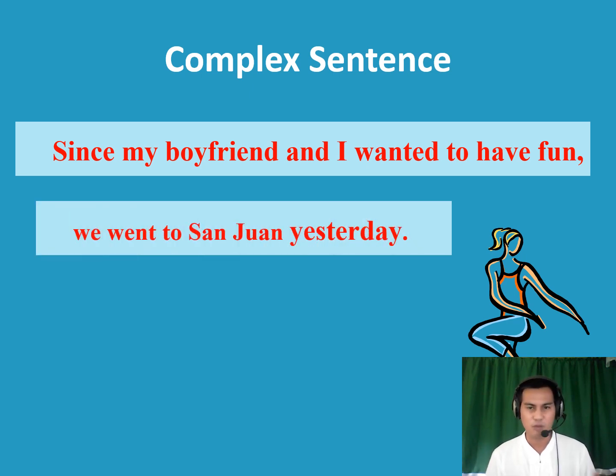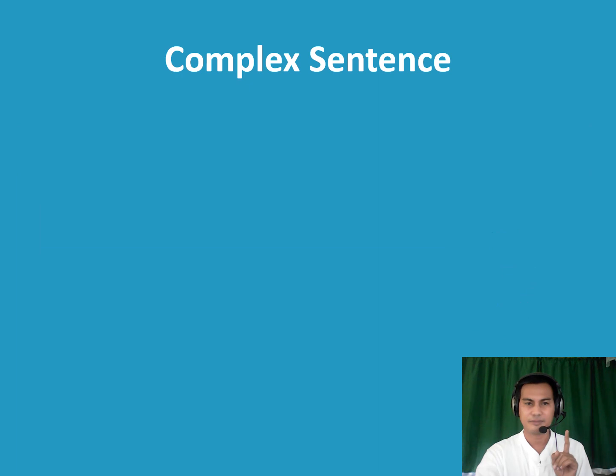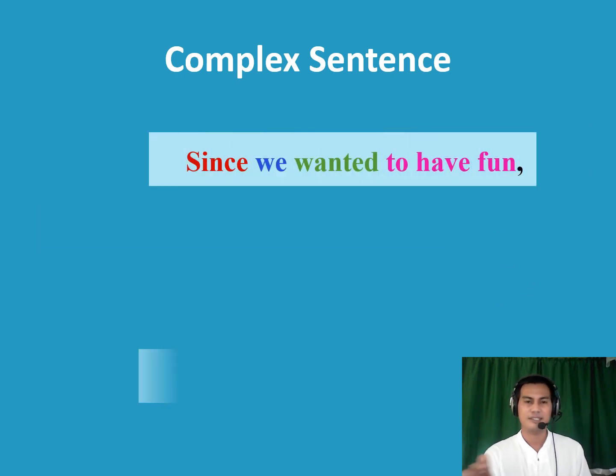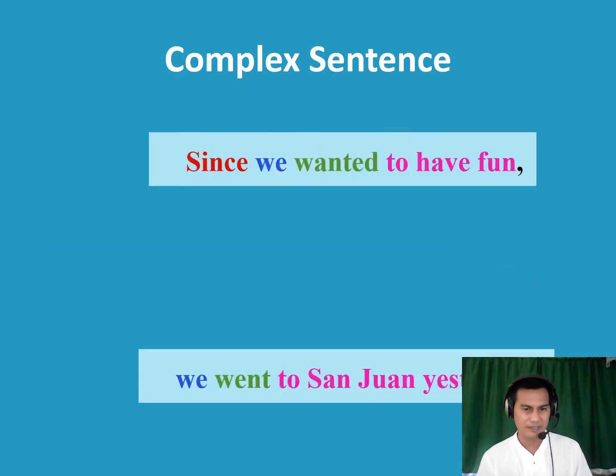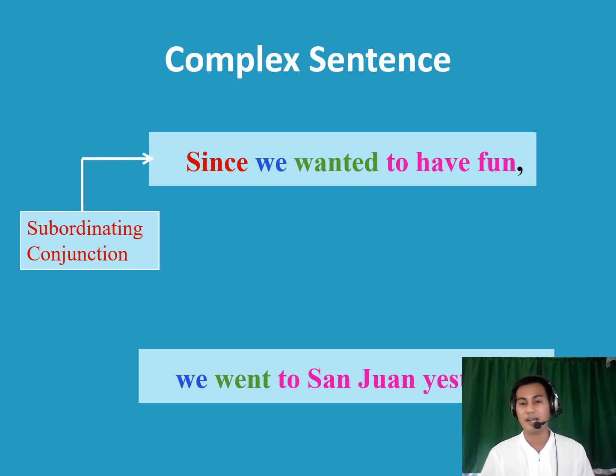Since my boyfriend and I wanted to have fun, we went to San Juan yesterday. Let's analyze this. Since we wanted to have fun, we went to San Juan yesterday.